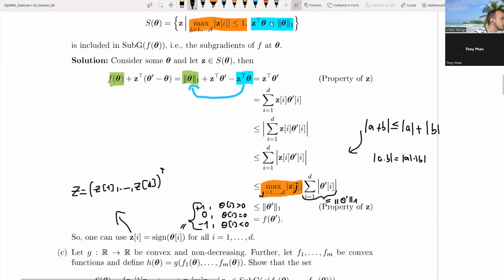So the orange property is obviously fulfilled. What about the blue property, that we get the L1 norm of theta if we consider the inner product of z with theta?